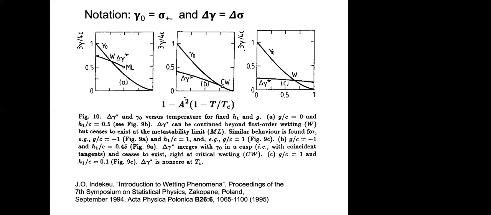Yeah, so for graph C, I see that the delta gamma star resembles the intersection that we had when we were looking at the diagram for the eye.